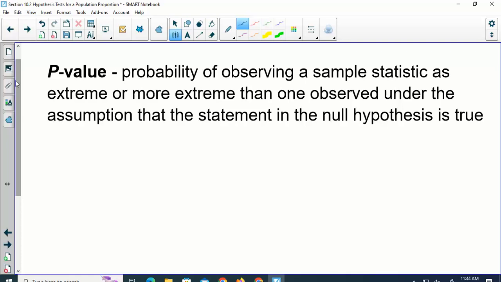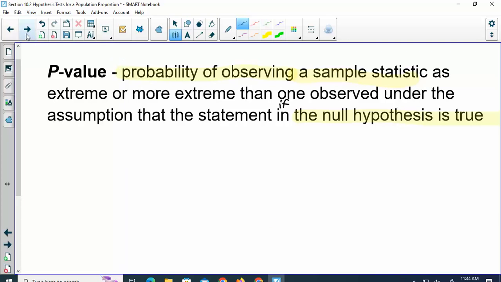The p-value is just the probability of something happening if the null hypothesis is true. So when I say find the p-value, that means find the probability of observing our statistic if the null hypothesis is true. And if it's really small, that means most likely that null hypothesis is not true.